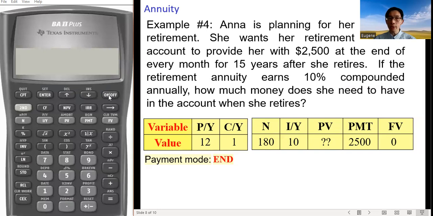Input these variables into the calculator. We need to change from the begin mode to end mode. We used the begin mode in the previous example, so now we need to change it by pressing second and then BGN. Press second and then set to swap back to end mode, and then we can quit the timing worksheet.